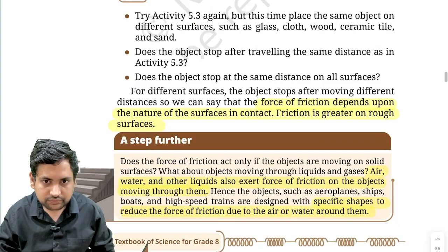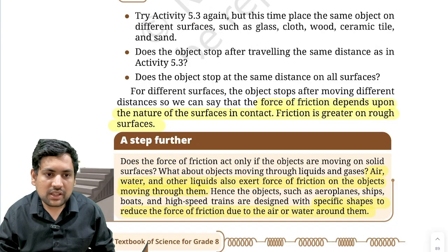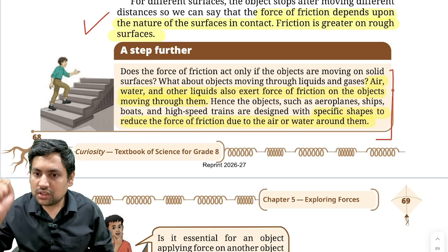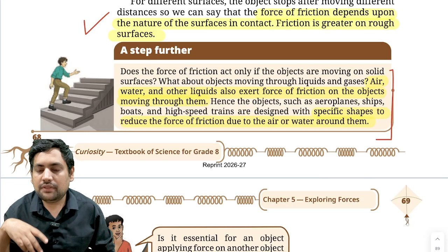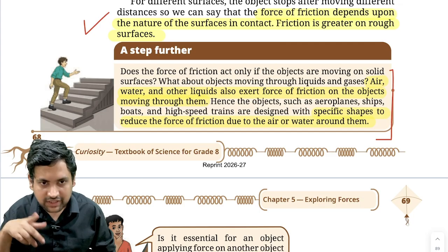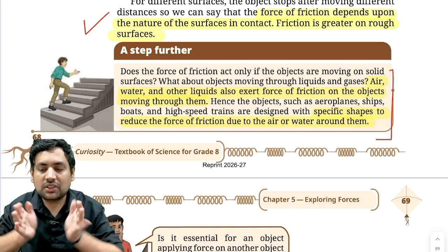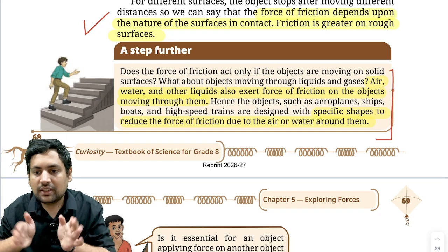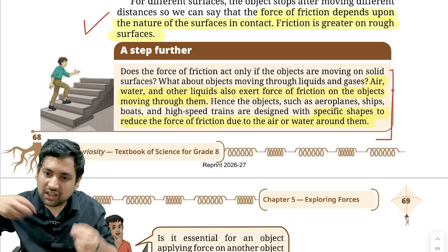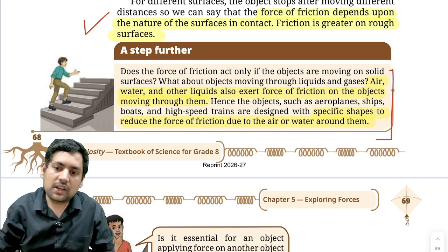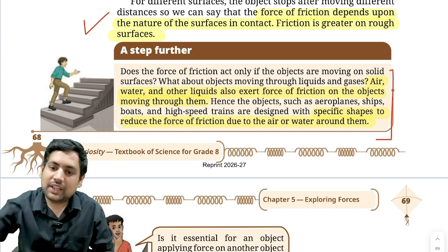So the force of friction depends on the nature of the surface. One thing you must remember is that air and water also apply friction. That is why airplanes and fishes have a streamlined design, so that they can reduce the friction applied on them and move forward very quickly through the liquid or through air.